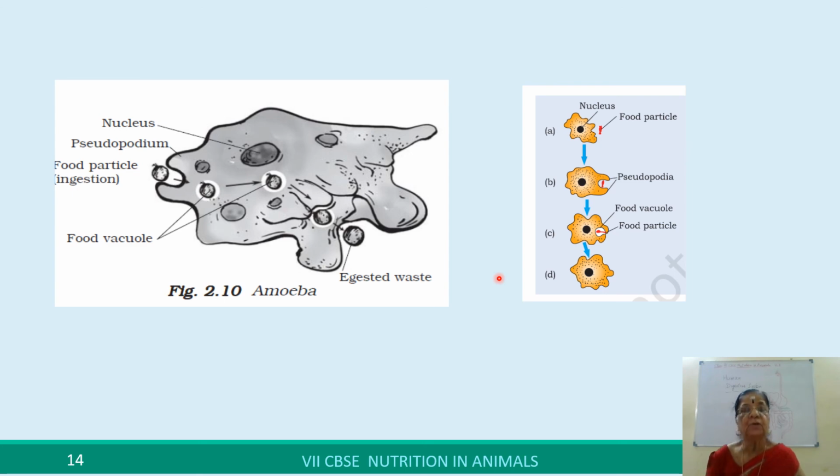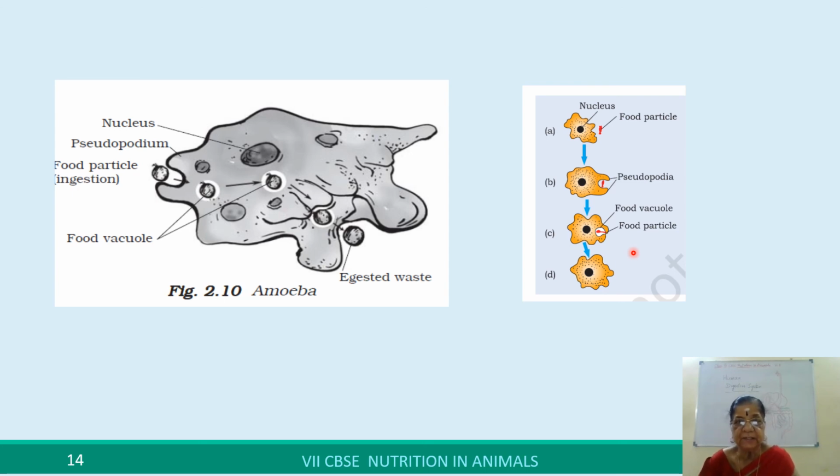So there is the formation of the food vacuole, digestion, and then the undigested food material is sent out. This is our book diagram, which makes it clearer step by step. Pink is the food vacuole, which goes in first. Here the pseudopodia form the food vacuole and pull the food inside. Now the pseudopodia have covered it, forming the food vacuole, and then it is digested. I hope you are able to follow this.